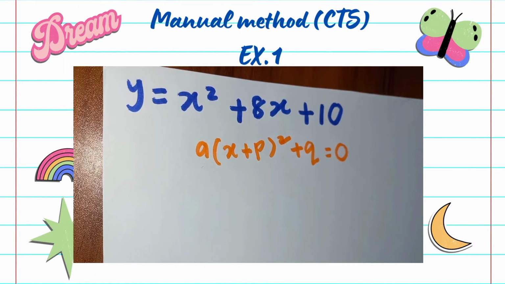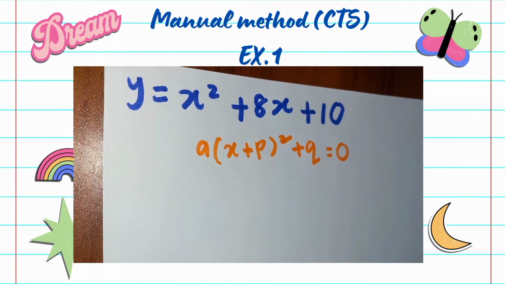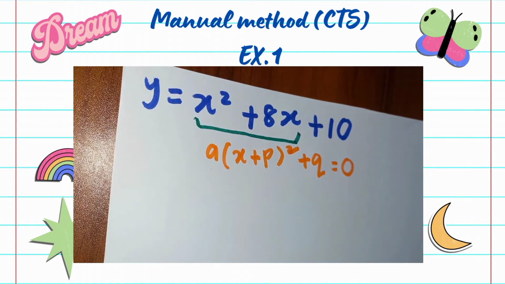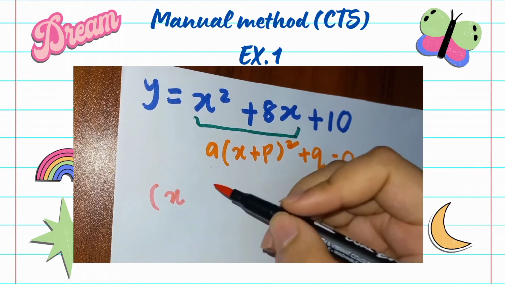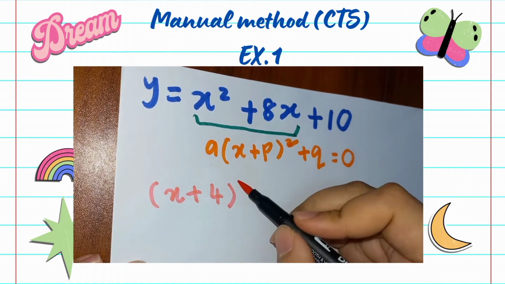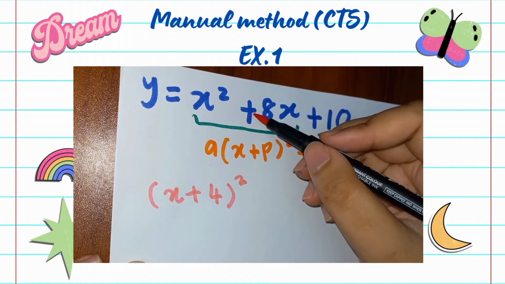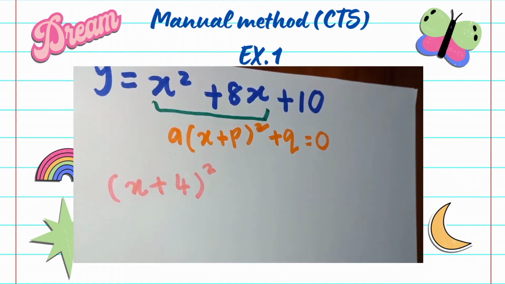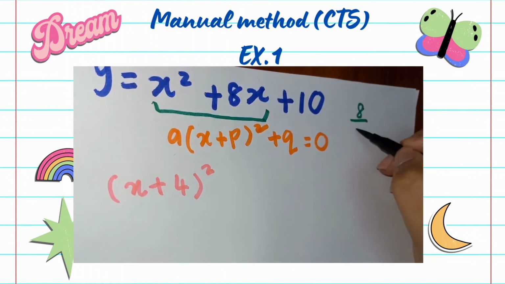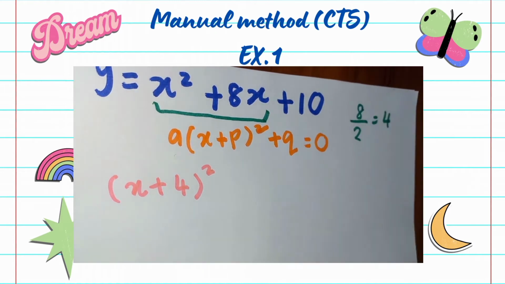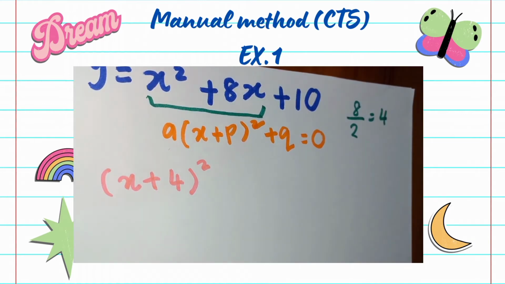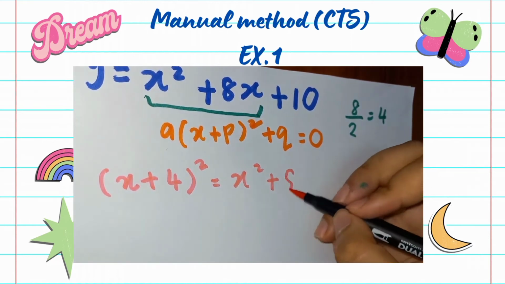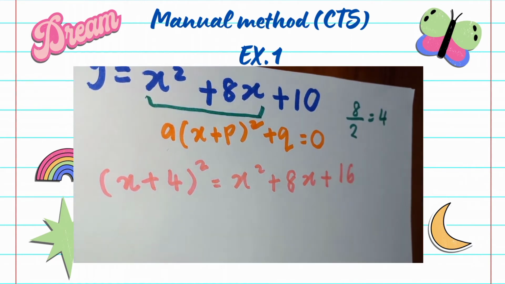Okay, the fastest way to get the answer is, first, we look at this one. We do it like this: x plus 4 squared, plus, because it is plus, we just copy, and 4 because 8 over 2 is 4. Then we do it normally, which is x squared plus 8x plus 16.